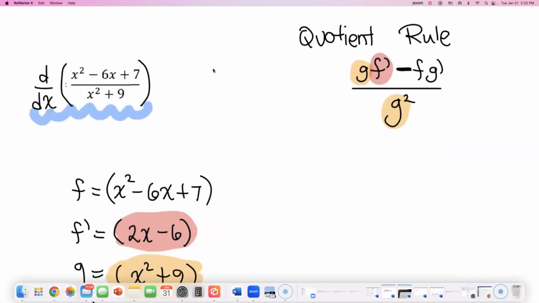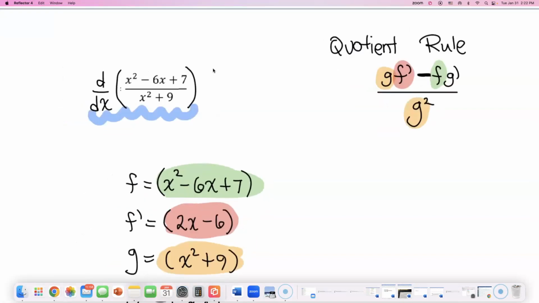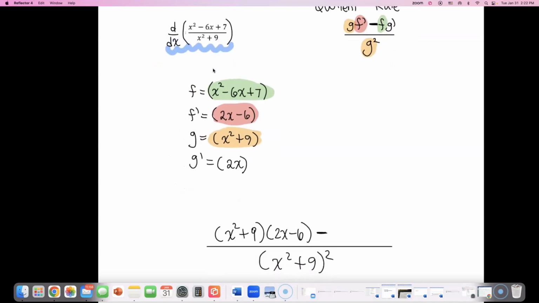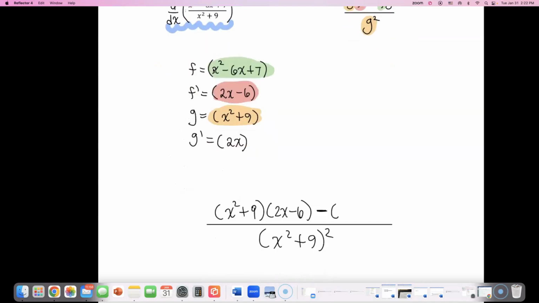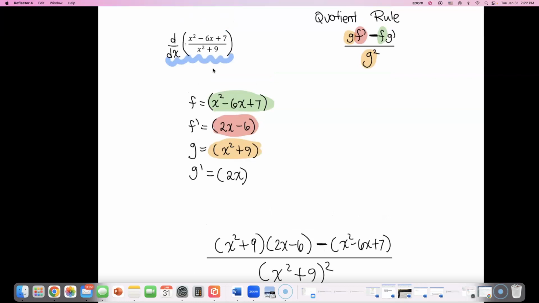Let's find the next piece. The next piece is f, and f is right there. It's that trinomial that I highlighted in green. So that's what you need to write down next. Here you go. Parenthesis x squared minus 6x plus 7. And we must be multiplying this by the only thing that we didn't highlight yet, the g prime right there. And g prime is 2x. So I'm going to multiply this by 2x. But to make our distribution easy, take a look at what I'm about to do, okay?